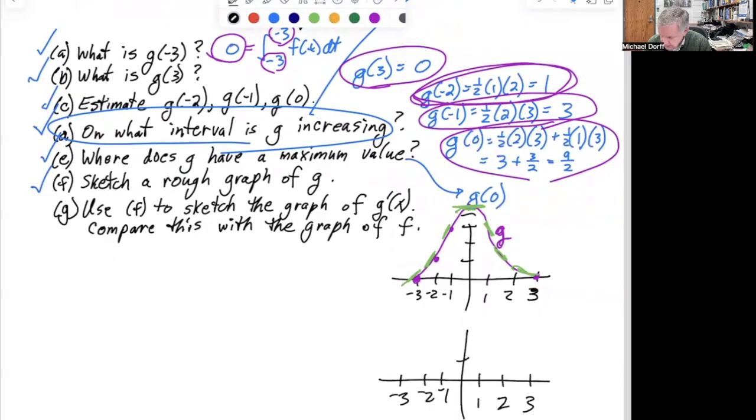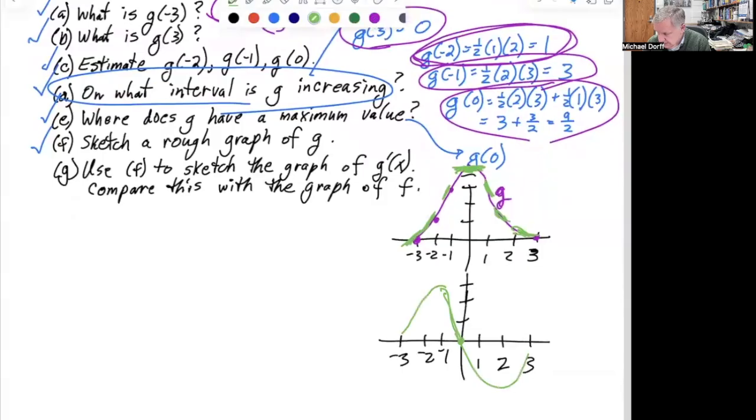So I'm looking at my green values here. My slope here is increasing, increasing. And then when I get to x equals 0, it's 0, the horizontal line. And then I've got negative slope, and negative slope. Okay, and it looks kind of like that. So this represents G prime.